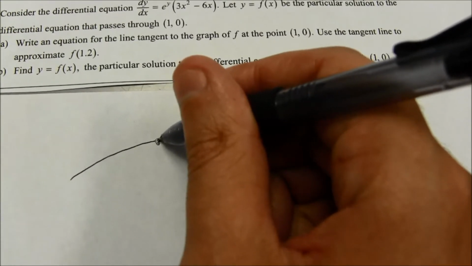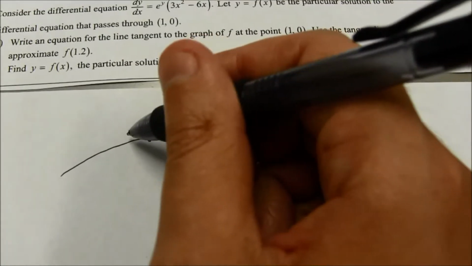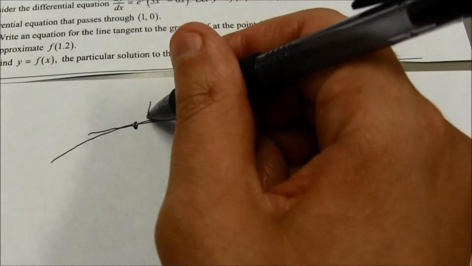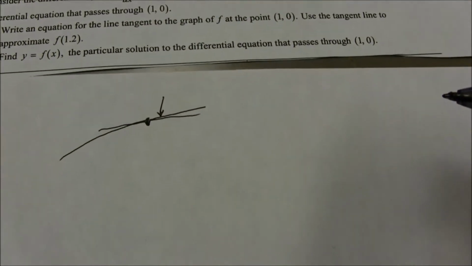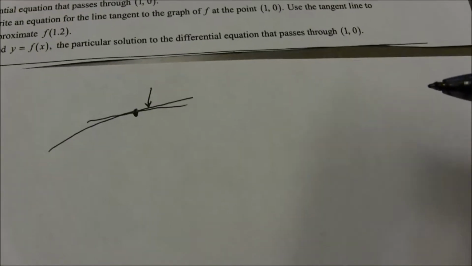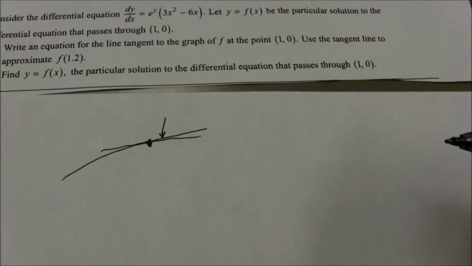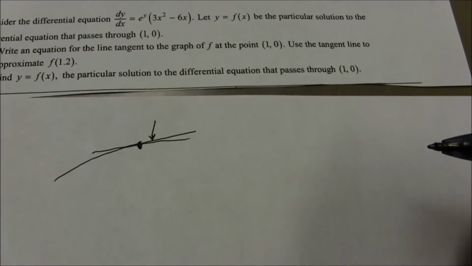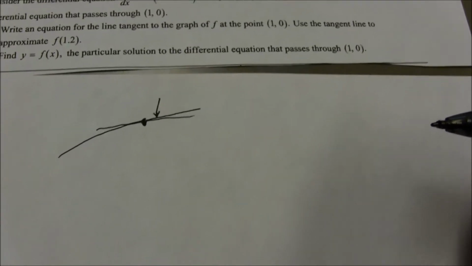You can say, well, I've got a point here on that curve, and if you write the equation of the tangent line, points on that tangent line are very close to points on the actual curve for values near whatever x you're looking at. So you can use tangent lines near a particular point to make an estimation of points on a curve. That's the basic idea.